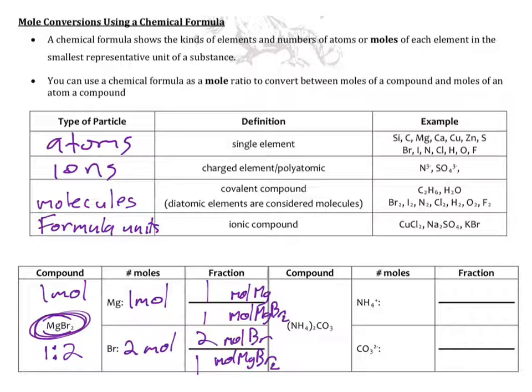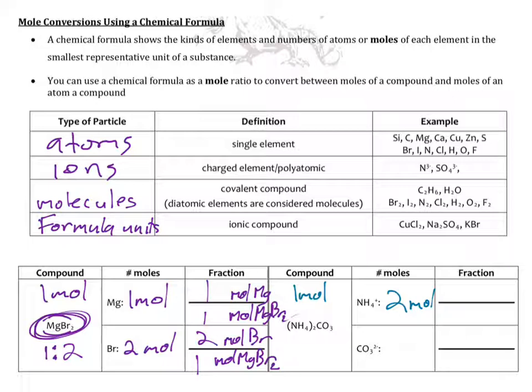Now we can do the same thing with this, and this is dealing with a polyatomic ion. If you take a look here, how many NH4s are there? There's 2, because the 2 on the outside of the parentheses tells us we have 2 of those. So if we have 1 mole of this, we would have 2 moles of this.